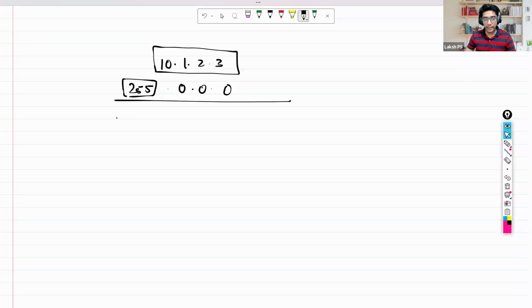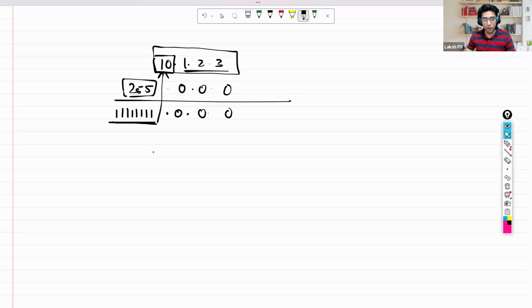And in the address mask, it finds out the number of ones: 1, 2, 3, 4, 5, 6, 7, 8. I'm not writing the whole zeros, 0, 0, 0. So it reads these 8 bits of ones in the address mask, and it sees that they correspond to the number 10 in the IP address. That means this is the network part of that IP address. The rest of them are the host part.